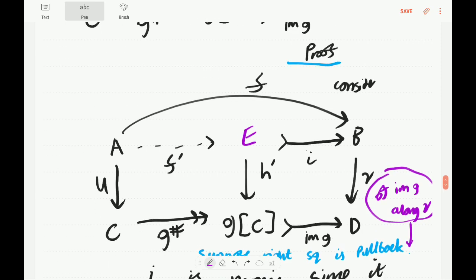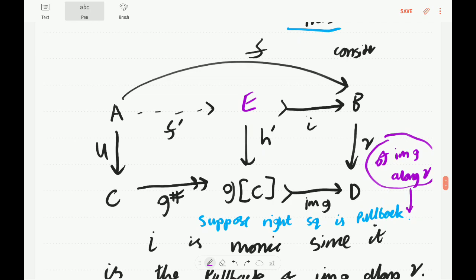So here's the proof then. We consider this type of diagram, and we suppose that the right square here is a pullback square. So what have we got in here? Well, we've just got IMG. We'll just think about this right square for a start.